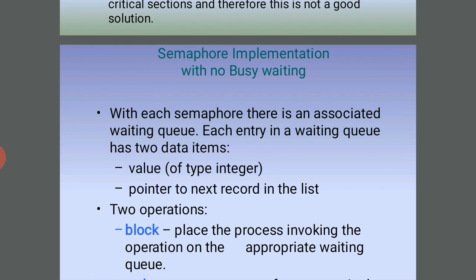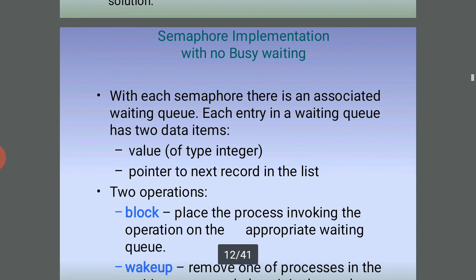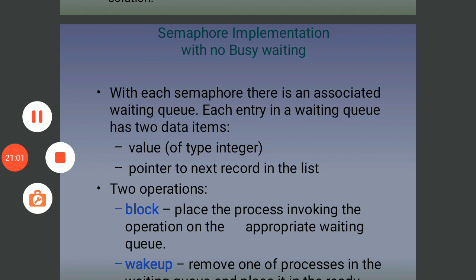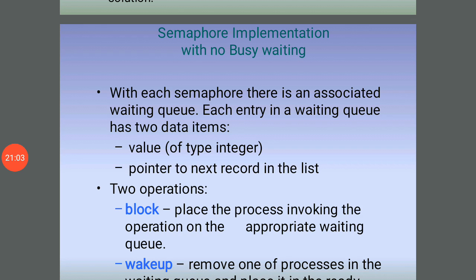And the limitations of semaphore is the deadlock. The implementation of the semaphore with a waiting queue may result in a situation where two or more processes are waiting indefinitely for an event that can be caused only by one of the waiting processes, and the event in question is the execution of signal operations.